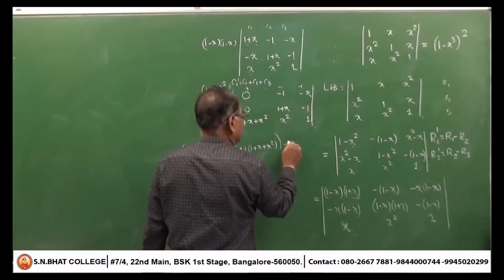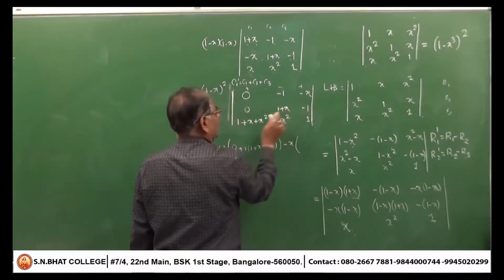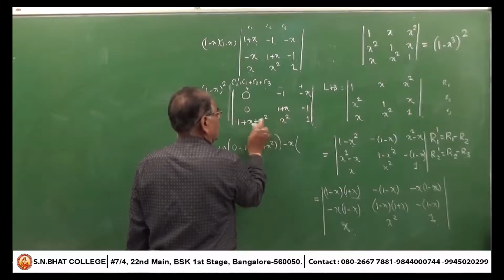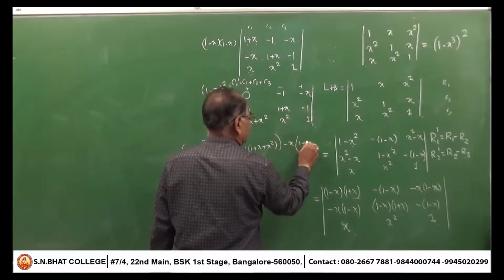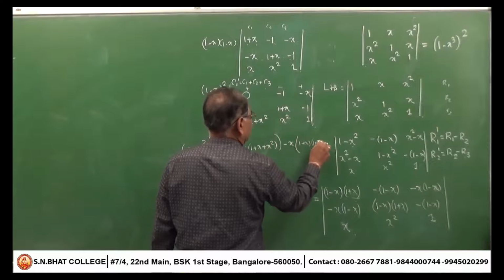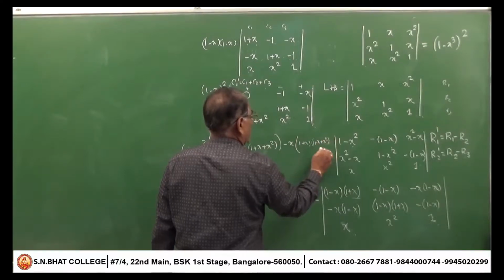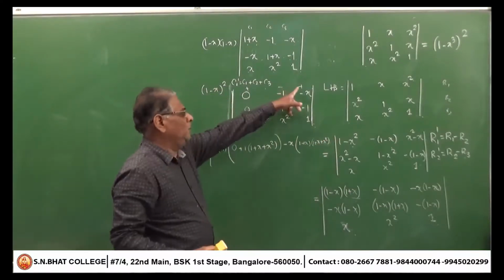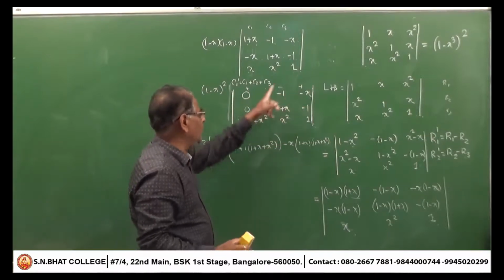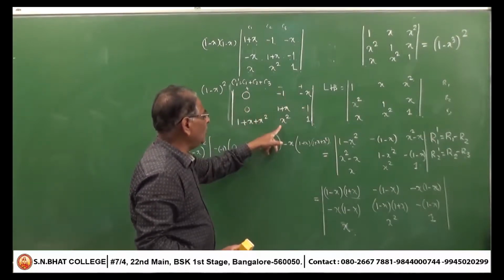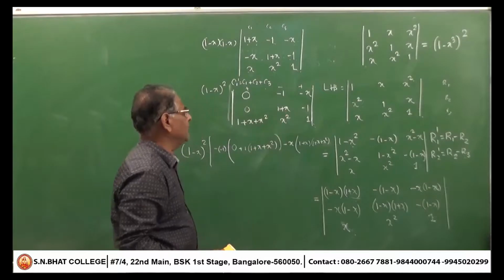Next, minus x into these two minus of these two. This is 1 plus x into 1 plus x square. Minus x into, leave this row, 0 minus of this one.